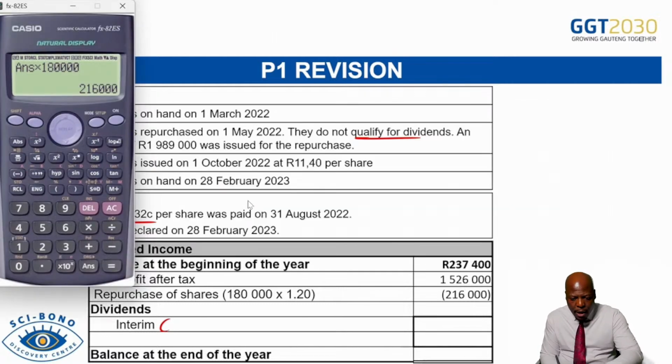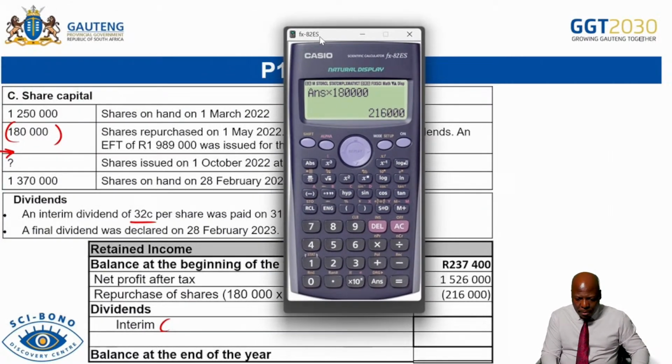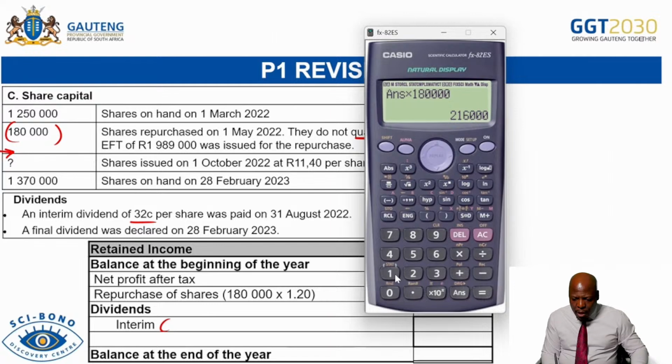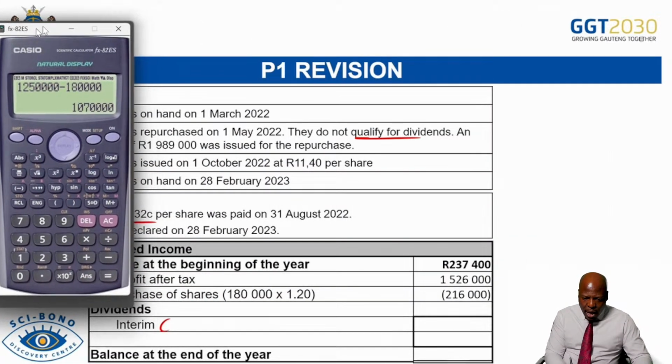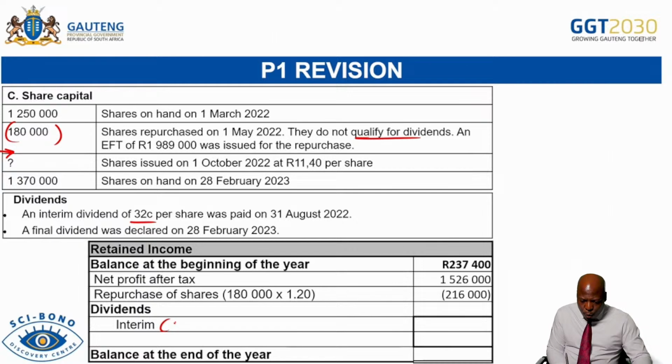So we then say the 1,250,000, which is what we have at the beginning. Then we subtract the shares that were repurchased, subtract the 180,000. That's going to give me 1,070,000.